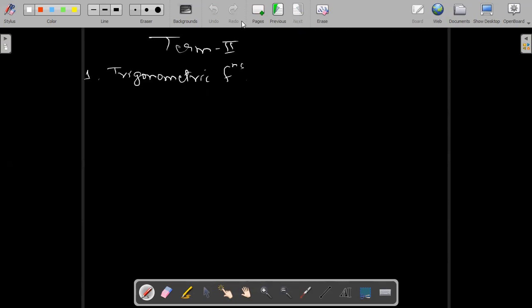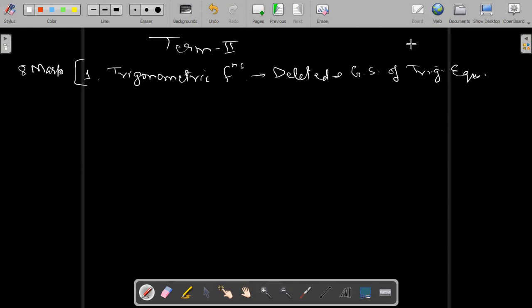Okay sir. Trigonometric functions we have done already, and it will have 8 marks. And the deleted portion is the general solution of trigonometric equations. Particular solution we have done, general solution of trigonometric equations, of type sine theta is equal to sine alpha, cos theta is equal to cos alpha, tan theta is equal to tan alpha.